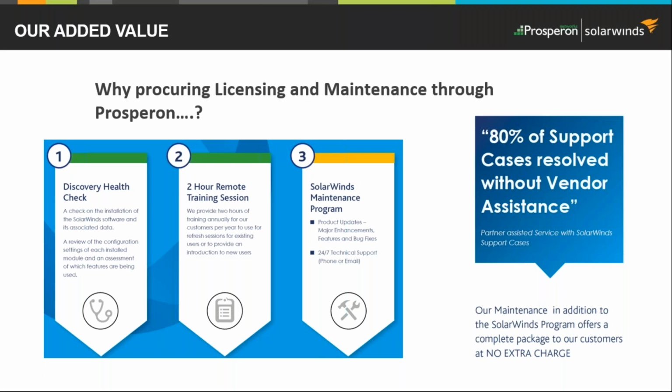On top of that, you get a free health check of your SolarWinds platform. And I think the reason why this is quite relevant is because after having performed more than 150 health checks over the last couple of years, we keep seeing the same gaps. And it's not necessarily about how attractive or clever a network map may be, but rather the fact that not many of you are using SolarWinds advanced features as well as you could, perhaps, and in some cases they are not used at all.